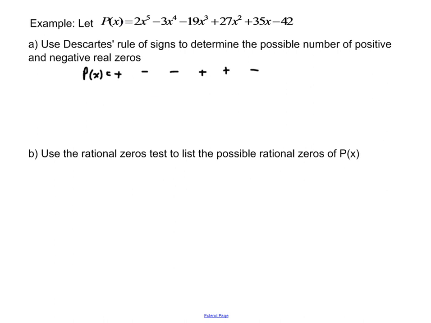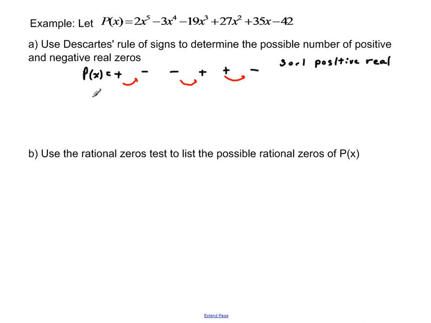So that is one sign change, two sign changes, and three sign changes. So what we could say right now is that by this rule there could be three or possibly one positive real zeros. Remember, it's equal to the number of sign changes or less than that by an even number.